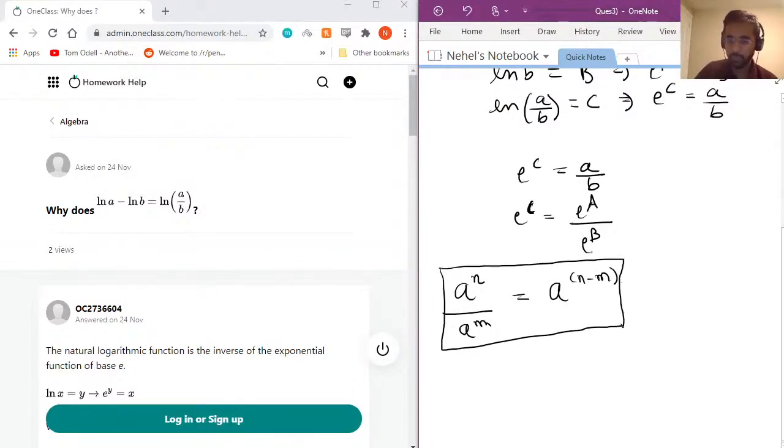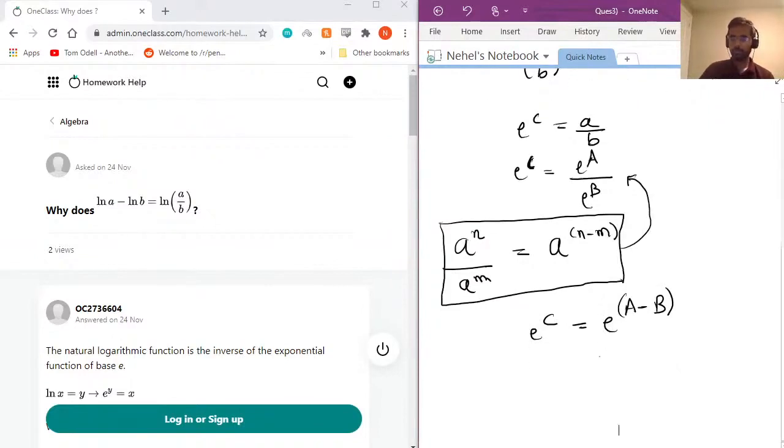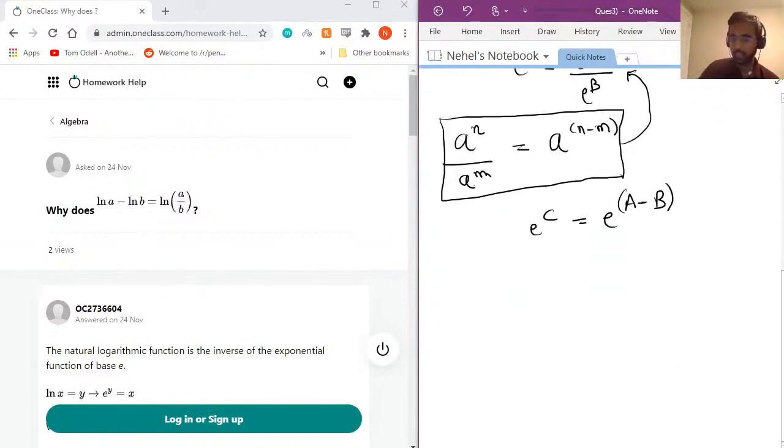Applying it here, we get e to the C is equal to e to the A minus B. If I take the logarithm of either side, computing the log of e to the C and the log of e to the A minus B, I get C is equal to A minus B.